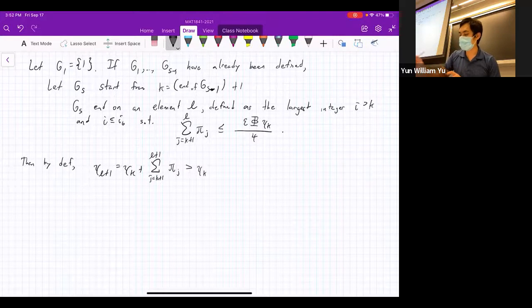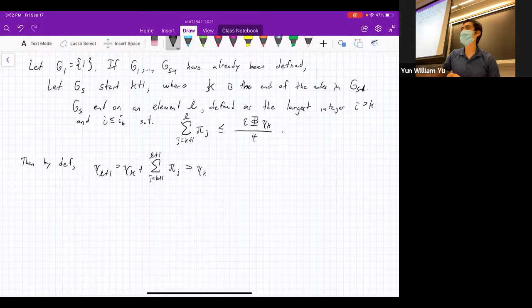So instead, what I'm going to do is say that k, let's say start from k plus 1, where k is the end of the nodes in g s minus 1. It is quite possible that I'll have an off by 1 error at various points in this proof. But yes, I think that was already one of them.